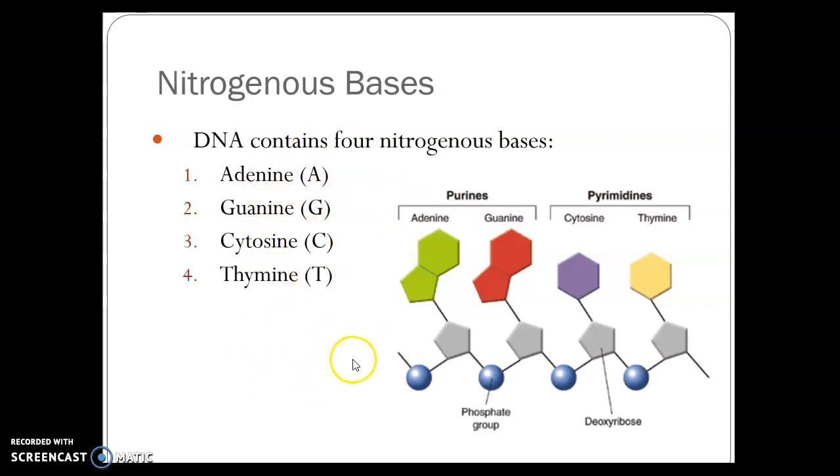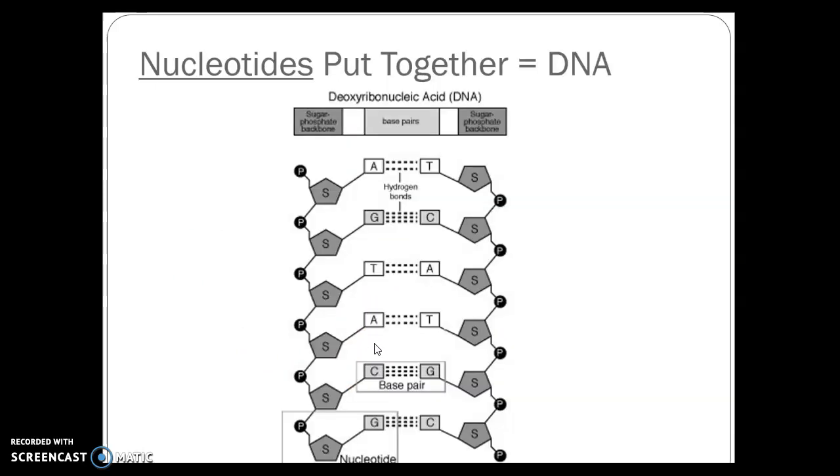Those 4 options are available in DNA. They pair with each other to create that double helix of the DNA, which I'm sure you've heard that term before, double helix. It's two-sided, and when you have the 2 strands that come together, they connect at those nitrogenous bases.